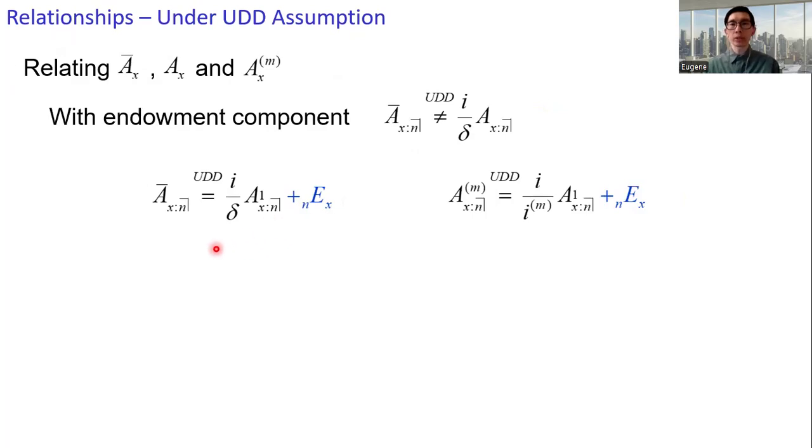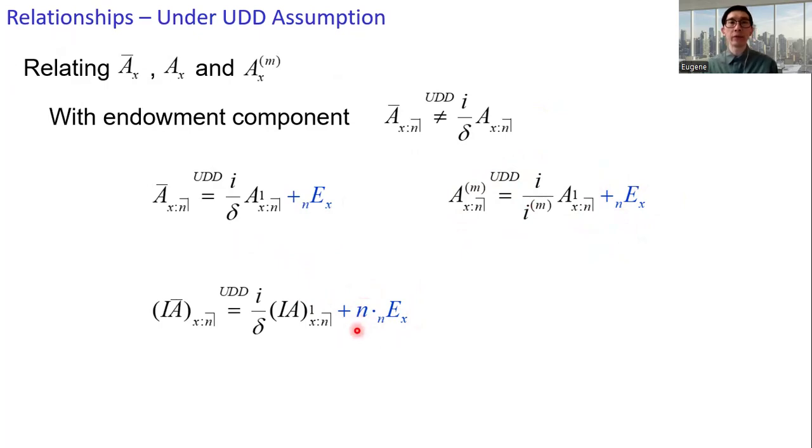For the annuity insurance, we have this relationship. We separately add the endowment component, the nEx. This also applies to the annually increasing insurance. For the annually increasing insurance, the endowment component occurs at year end, and the survival benefit is n.